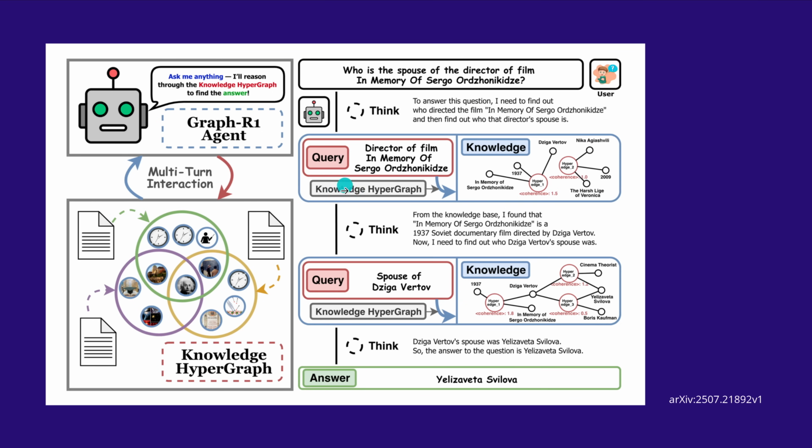So you see, simple query, knowledge hypergraph, director of the film In Memory of Sergio. And now it is so much easier because you have a higher dimensional complexity on your graph structure with hypergraphs. And so every piece of information adds on, and finally you have the perfect answer.